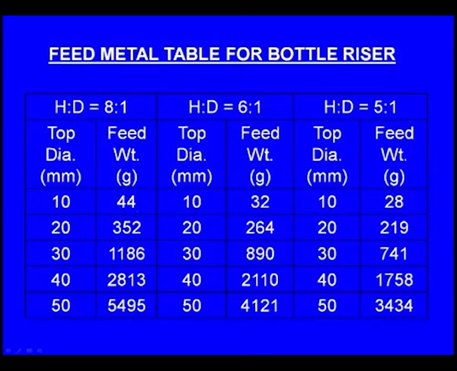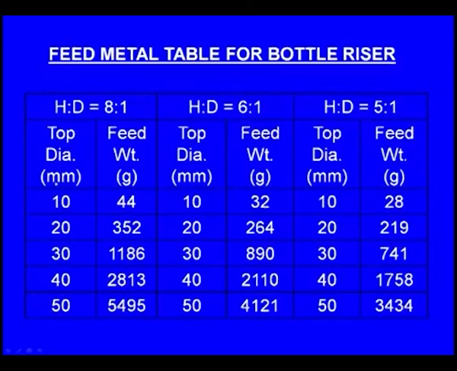When the top diameter is 20 mm, the feed weight is 352 grams. When the top diameter is 30 mm, it is 1186 grams. When the top diameter is 40 mm, the feed weight is 2813 grams, and when the top diameter is 50 mm, the feed weight is 5495 grams. So, these are the cases when h/d ratio is equal to 8:1.